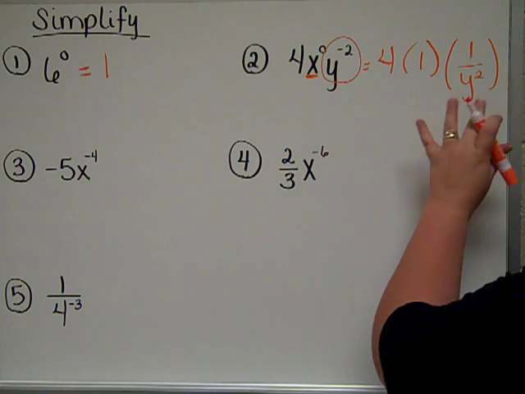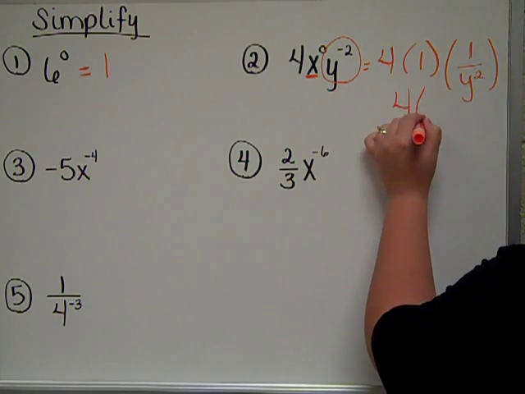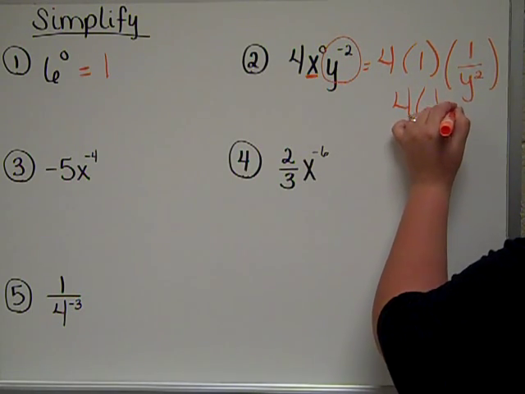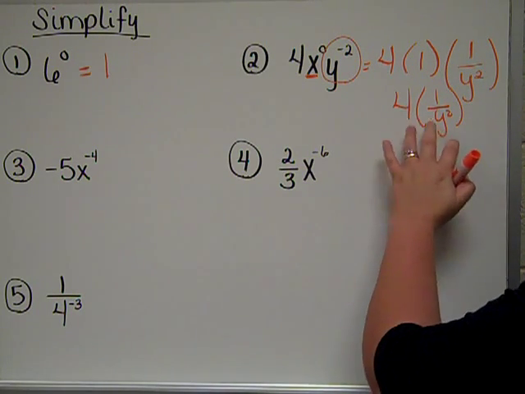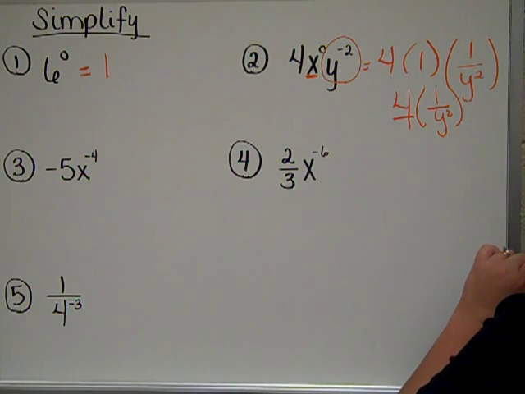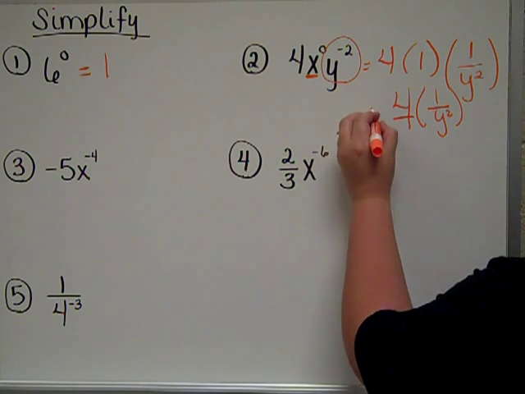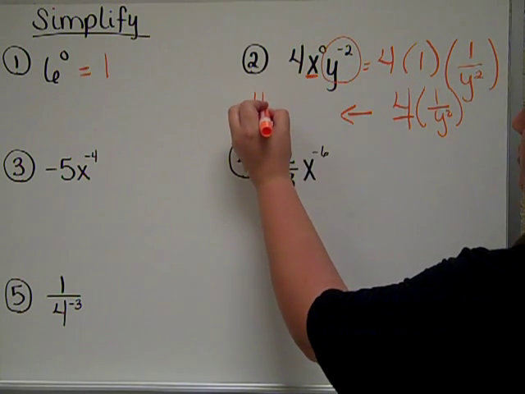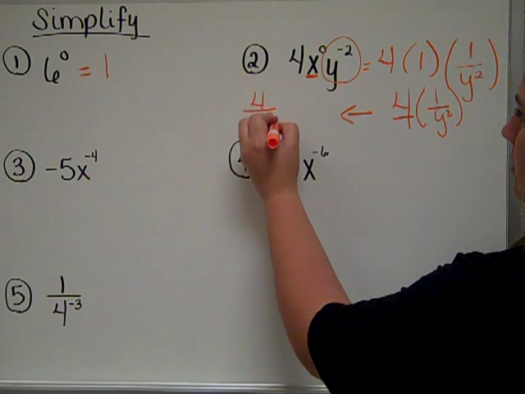So let's clean this up a little bit. So I have 4 over this. So now let's go ahead and remember that that's a whole number. So when I simplify that, that would give me 4 over y squared.